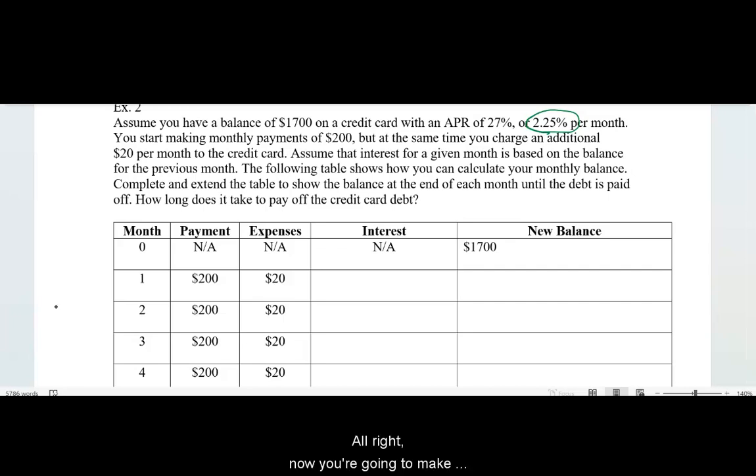You're going to make monthly payments of $200, but at the same time, every month you're charging $20 to your credit card. Maybe it's your gym membership or something, but you're continuing that $20 charge per month. So we're going to take all of this information and start working with a table to see what we get each month when we reduce down the debt.